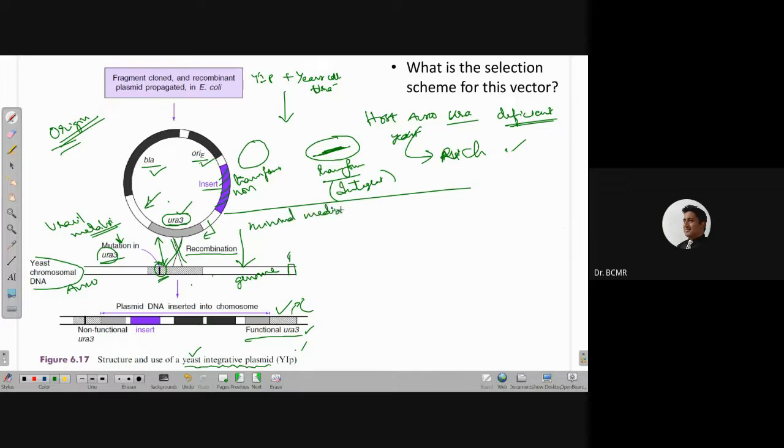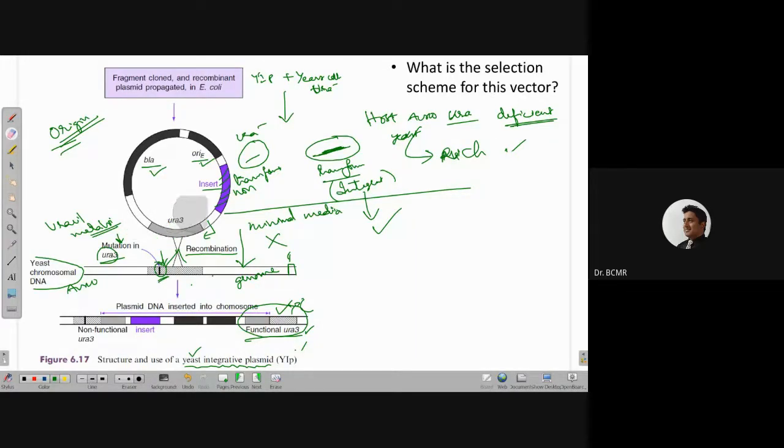That means we haven't supplied any uracil. So the non-transformants, because they are uracil minus, will fail to grow, whereas these will grow, because they have formed a functional uracil gene. That is how a yeast integrative plasmid works.